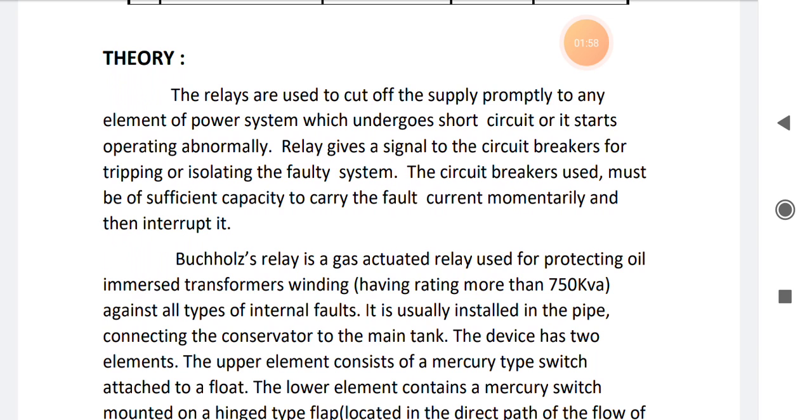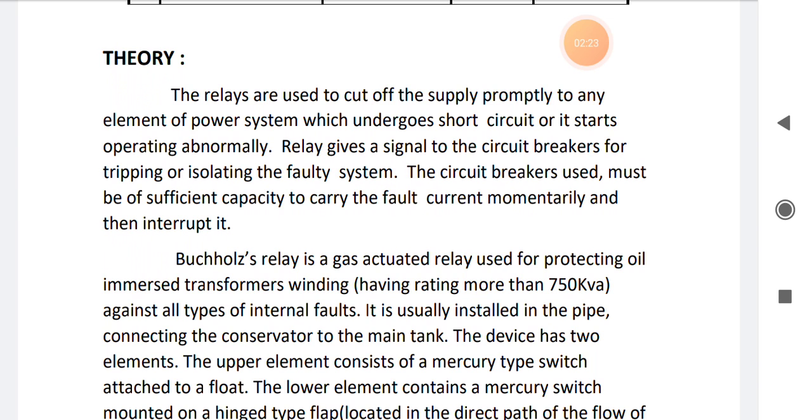Now, the Buchholz relay is a gas actuated relay used for protecting oil immersed transformer windings. As we all know, we have to protect transformer windings which usually have a rating of more than 750 kVA. Only on those kinds of transformers do we use a Buchholz relay.